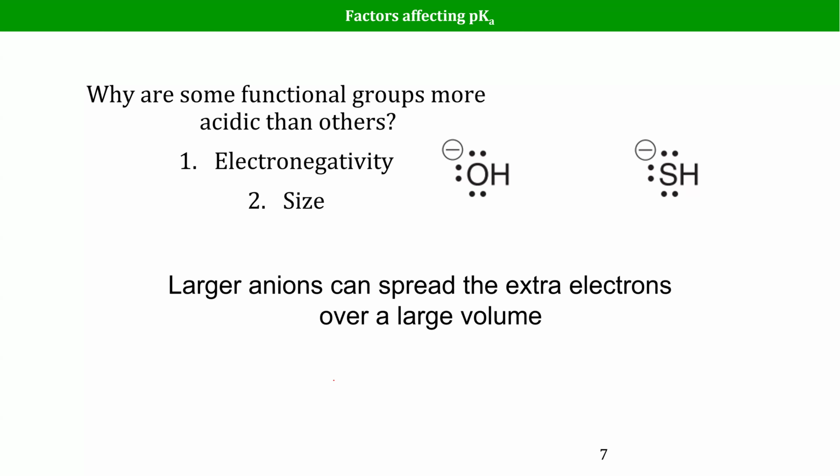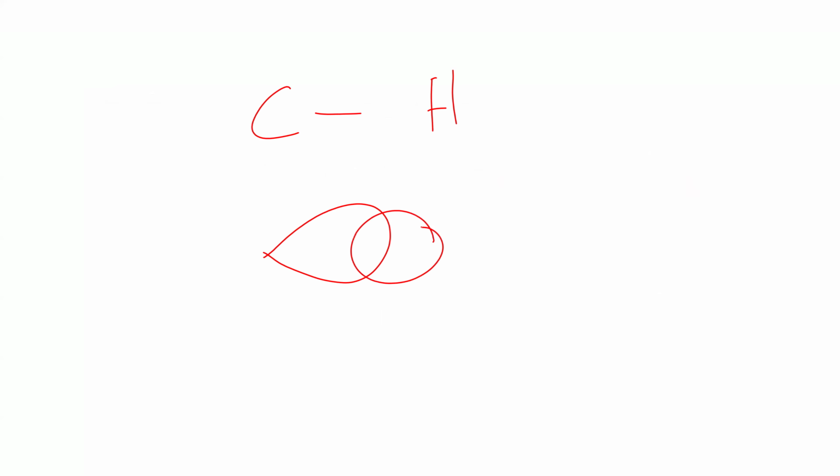We'll talk about other types of bonds, but in general, if you think about those sigma bonds, a sigma bond between a carbon and a hydrogen, hydrogen can't really be hybridized, right? Because it only has a 1s orbital to use. So a sigma bond between a carbon and a hydrogen looks kind of like this. You get some amount of overlap, but not a ton because of the shape.